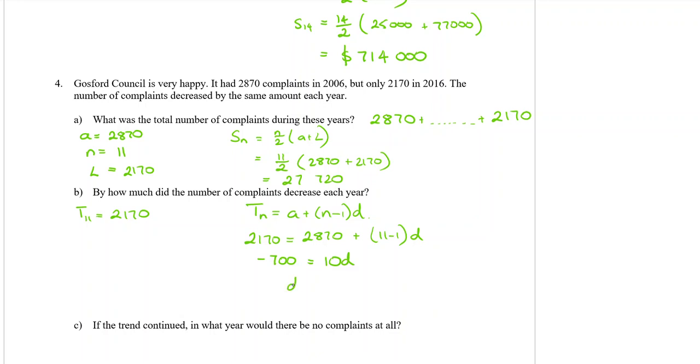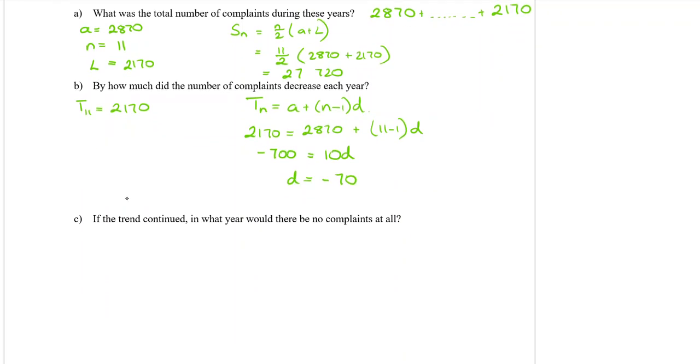So, if you divide by the 10, you get negative 70. Negative, because the terms are going down, they are decreasing, so that means there is 70 less complaints every year. You could write that out to explain it.